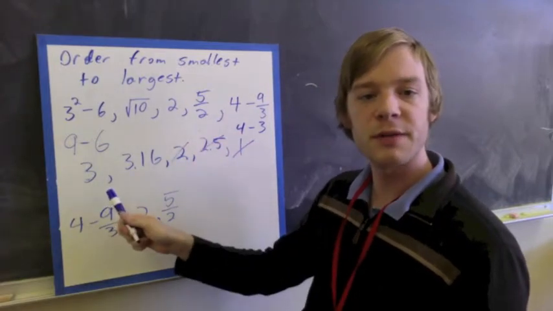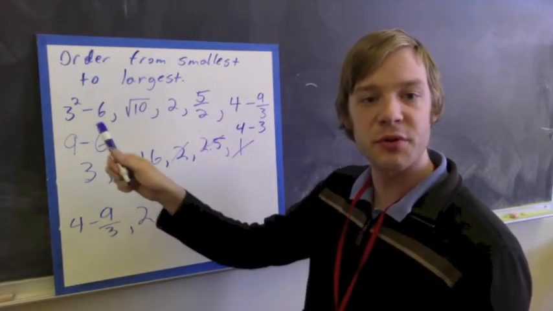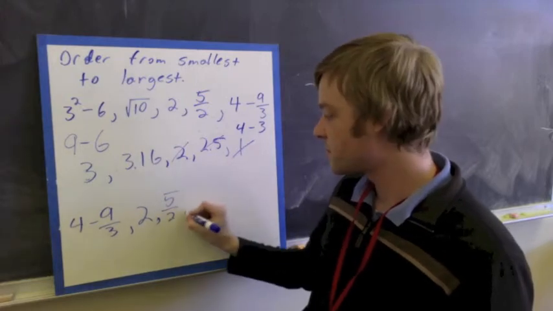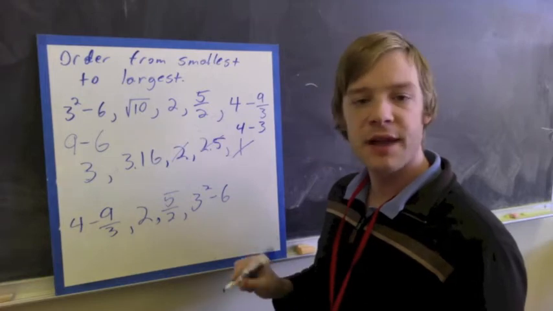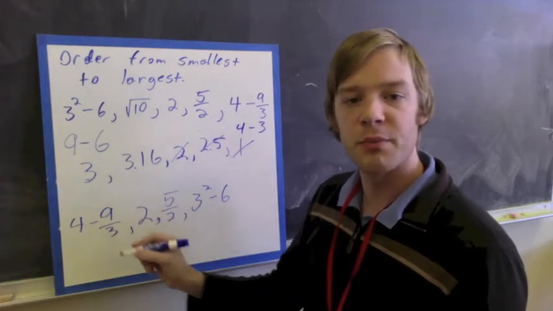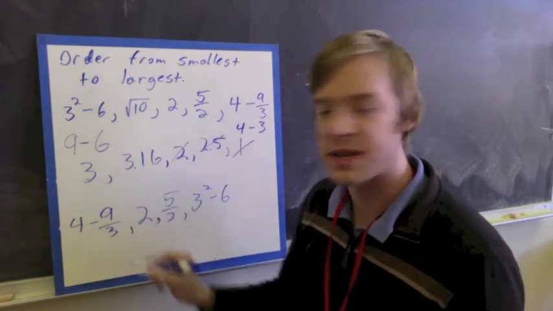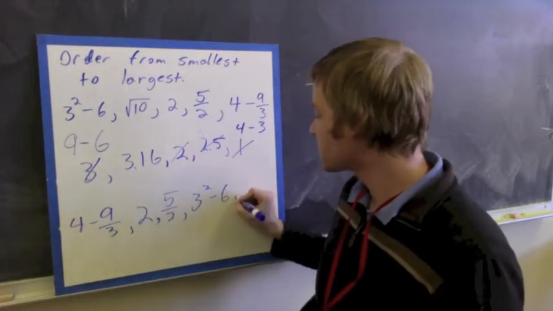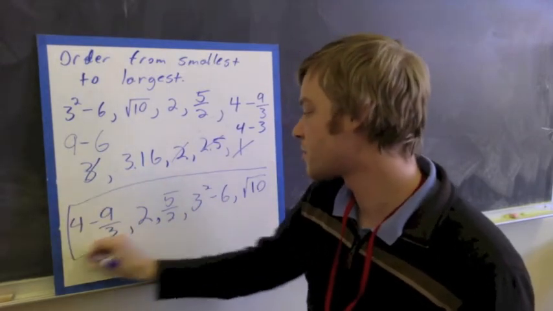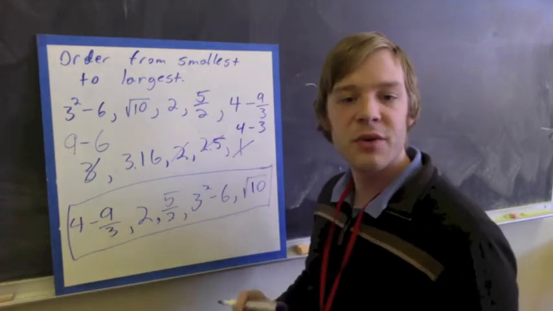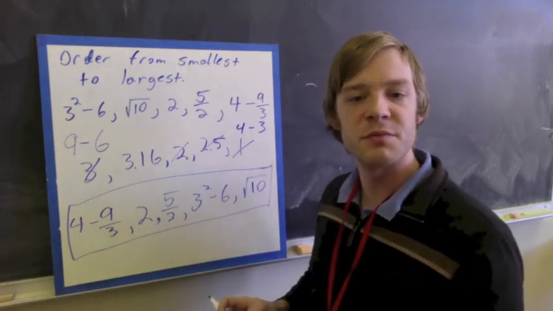We have a 3, but I want to write it as it originally was, so 3 squared minus 6. And then lastly, the 3.16, which is square root of 10. So now we've put these numbers in order from smallest to biggest.